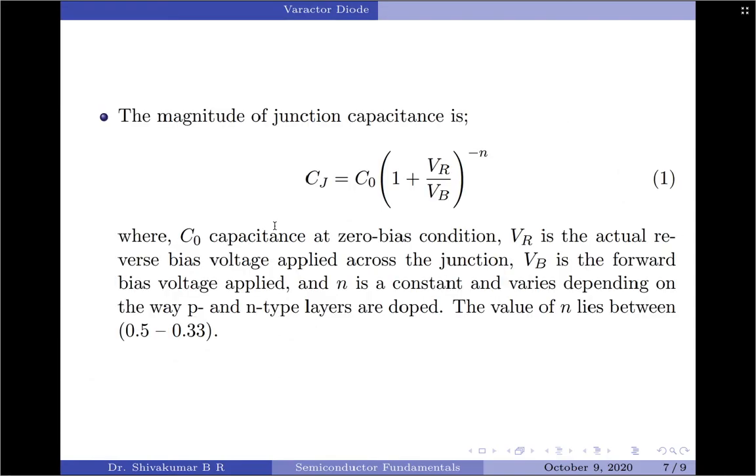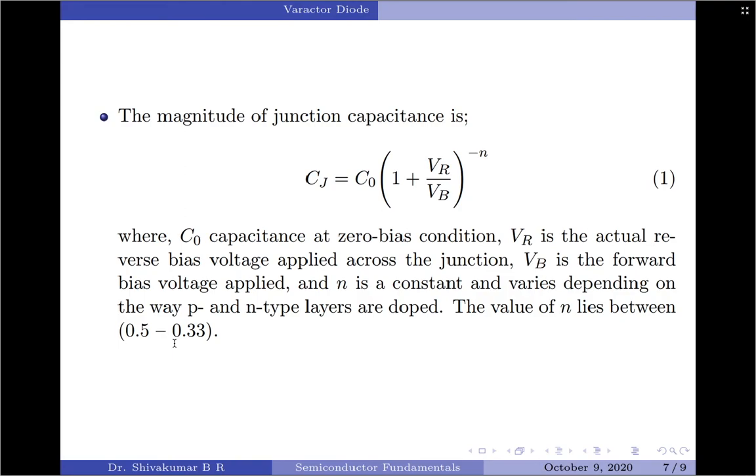This can be given by Cj equals C0 into (1 plus Vr divided by Vb) whole to the power minus n, where C0 is the capacitance at zero bias condition, Vr is the actual reverse bias voltage applied across the junction, Vb is the forward bias voltage applied, and n is a constant and varies depending on the way P and N layers are doped. The value of n lies between 0.5 to 0.33.